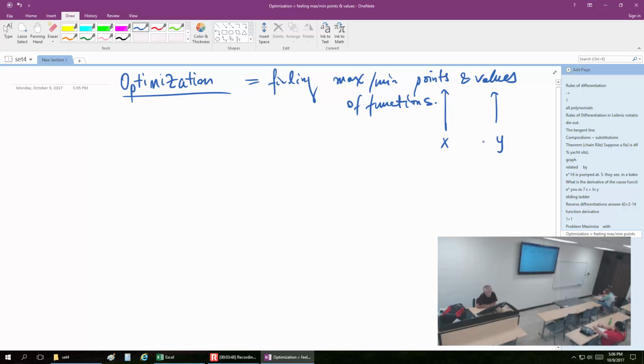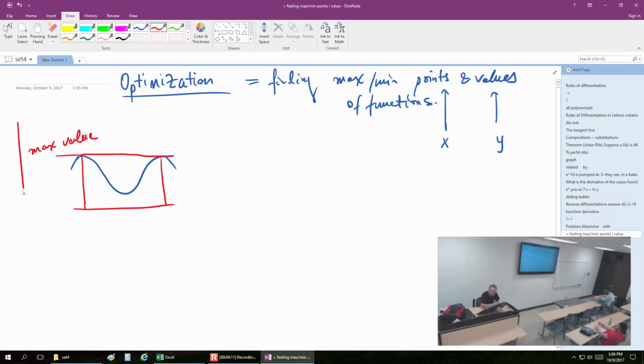This is the typical picture that explains what's going on. If we're looking for a maximum, there's only one maximum value. Maximum value is how high we go.